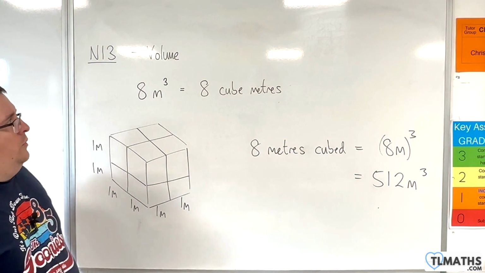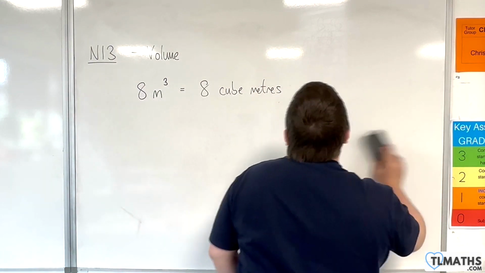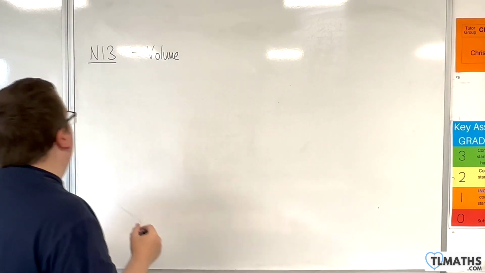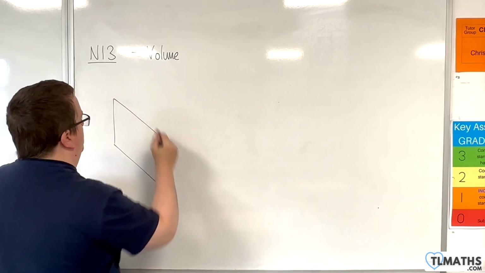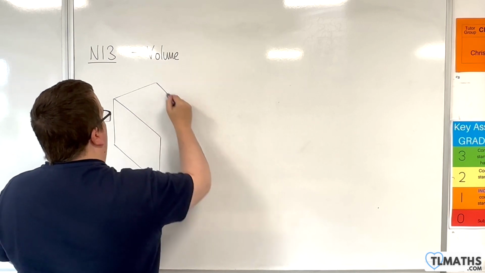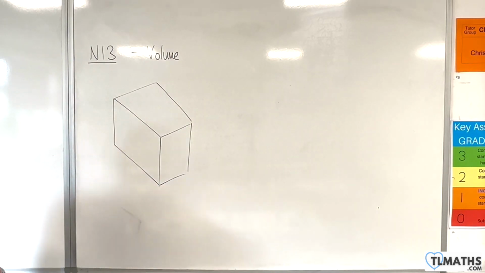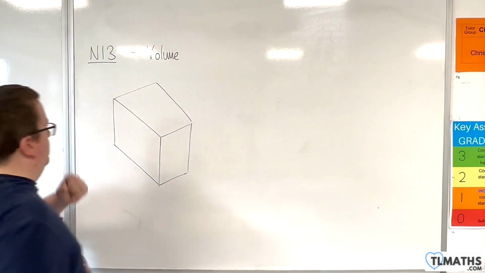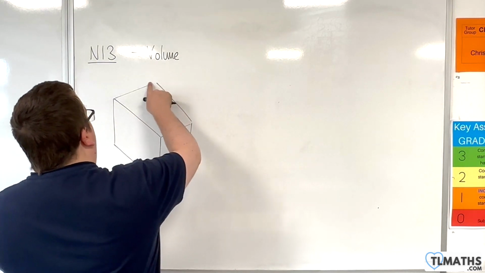Now, converting between the two. So let's say I have a cuboid. Here's my cuboid. And well, it's not perfect, but there you are. Let's say, I think that's just a little bit too long, isn't it?